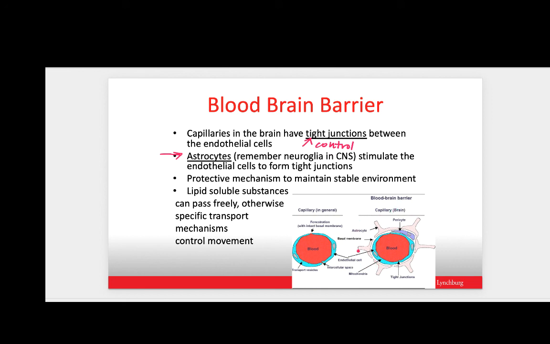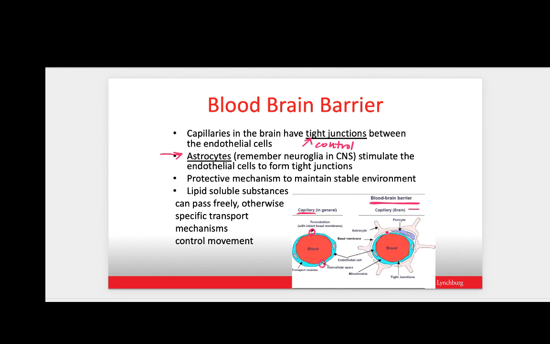So this is what we see when we compare a capillary in the brain, which is formed as a result of that blood-brain barrier. This would be just a capillary in general elsewhere in the body. And you can see these fenestrations or these pores in the capillary in other locations in the body.